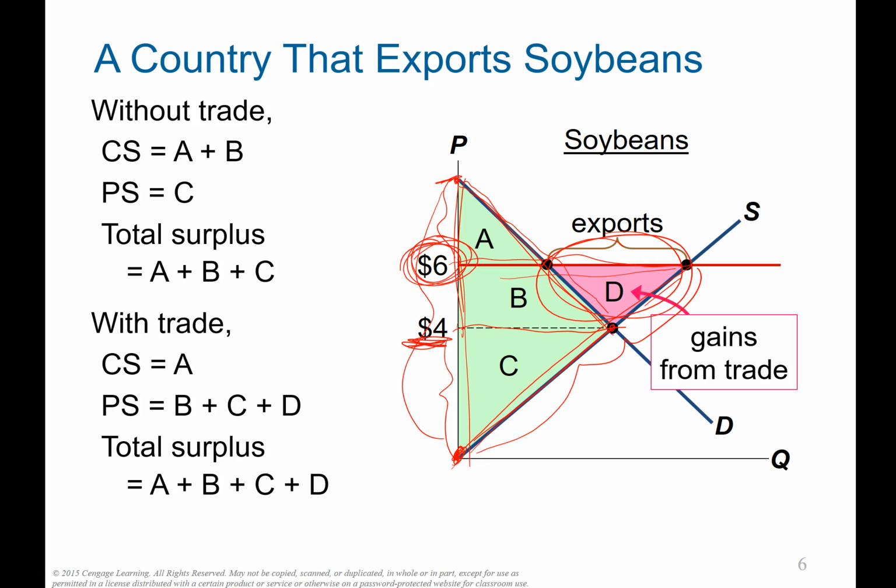We saw those before in chapter 3, but now we can see specifically who is gaining from trade. Where does that gain go? Who benefits from it? Clearly, in the case of this country, the sellers are benefiting. They're the ones that gain from trade. The buyers, no. The domestic buyers don't gain from that because domestically, this is the area of consumer surplus.